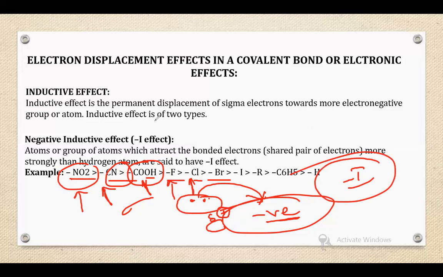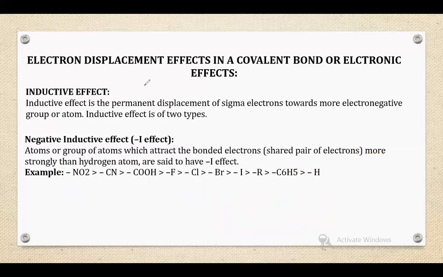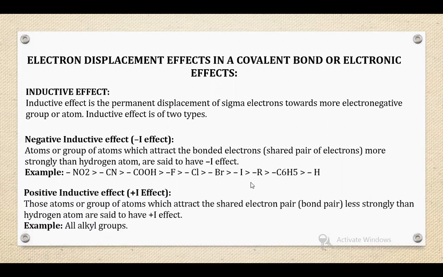So there are two types of inductive effect: negative inductive effect and positive inductive effect. In the negative inductive effect, groups drag the pair of electrons towards themselves, so the carbon will have a positive charge. Similarly, what is positive inductive effect?